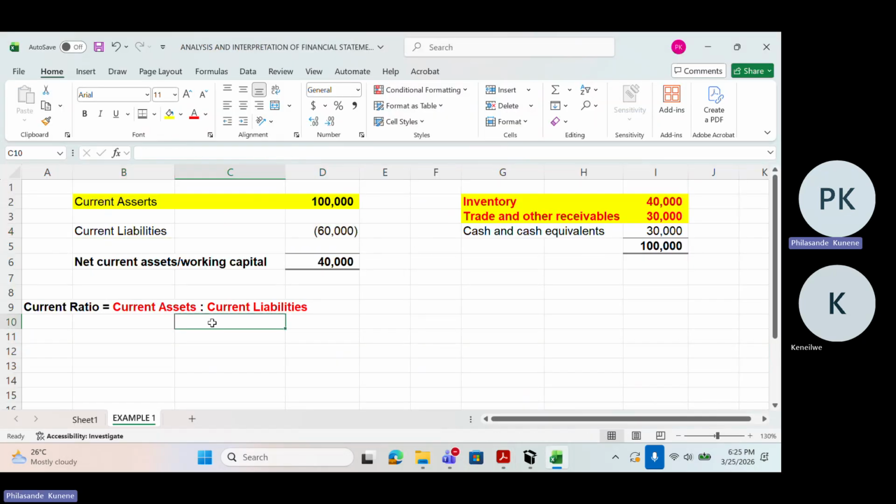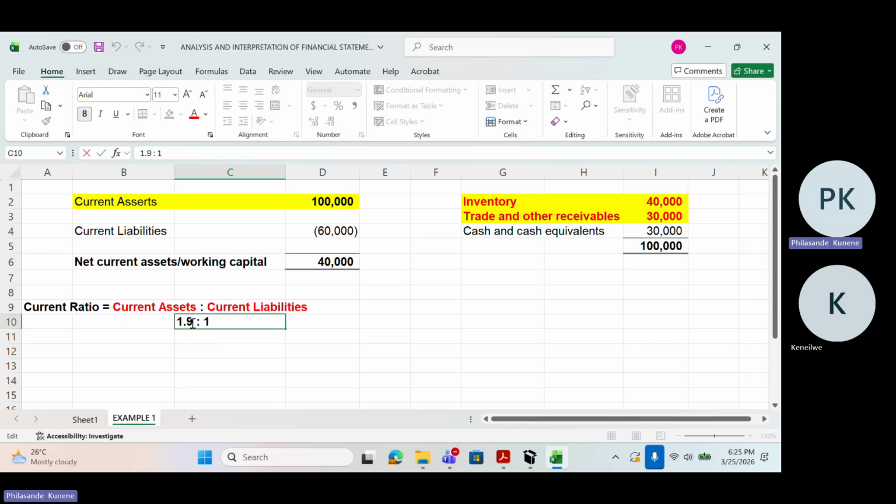Current assets to current liabilities, we're expecting something like 2.1 is to 1, for example. Or 2.3 is to 1. Maybe 1.9 is to 1. 1.9 is closer to 2. It's still okay.